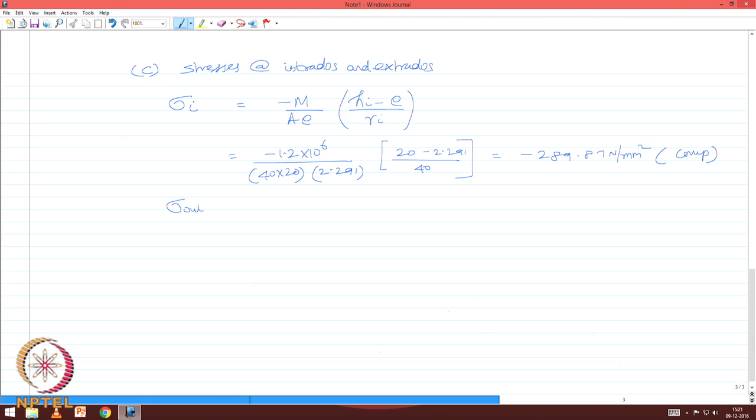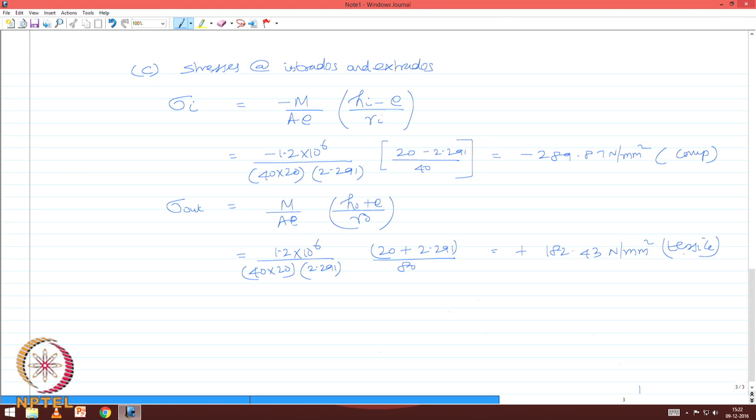Sigma extrados will be M by A E into h_o plus E by r_o, which is 1.2 into 10 power 6 by 40 into 20 into E, which is 2.291, 20 plus 2.291 by r_o, which is R2, which is 80, which gives me plus 182.43 Newton per mm square. Positive indicates it is tensile.